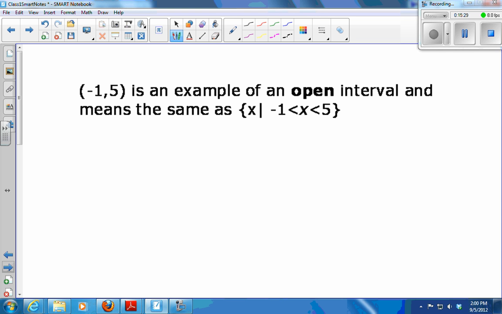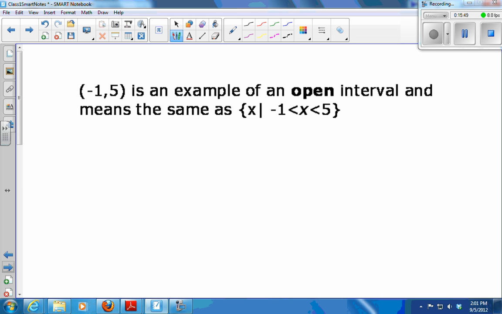Something to be a little bit careful of is that this looks a whole lot like something else you've seen in another math class. A point, yeah, this looks like an x comma y point. So we're sort of repurposing a notation that you've used for something totally different.